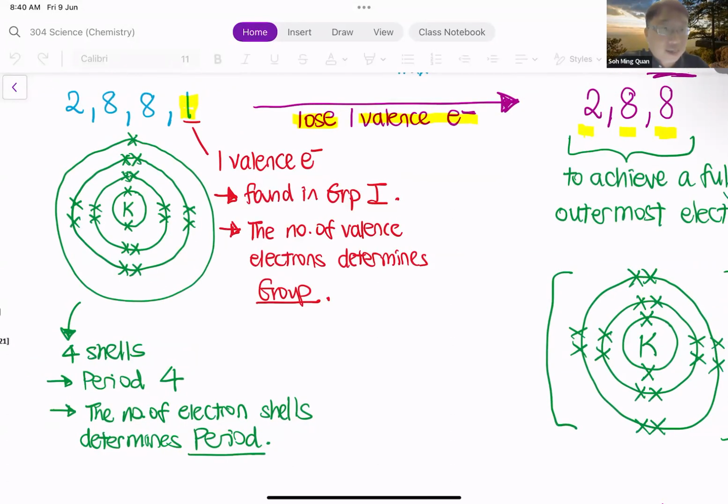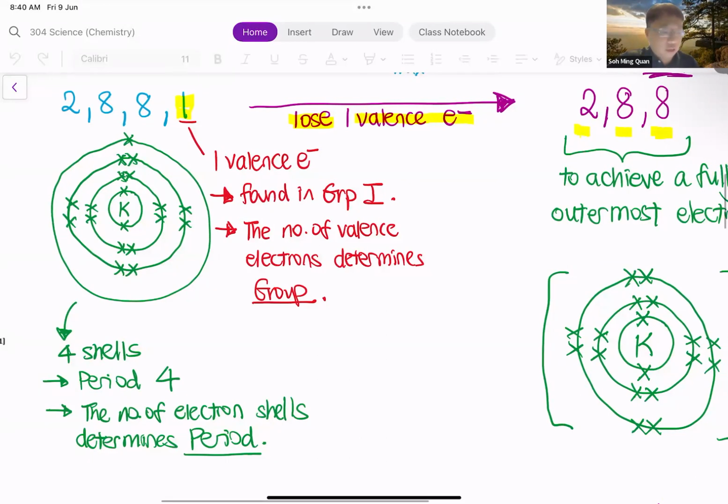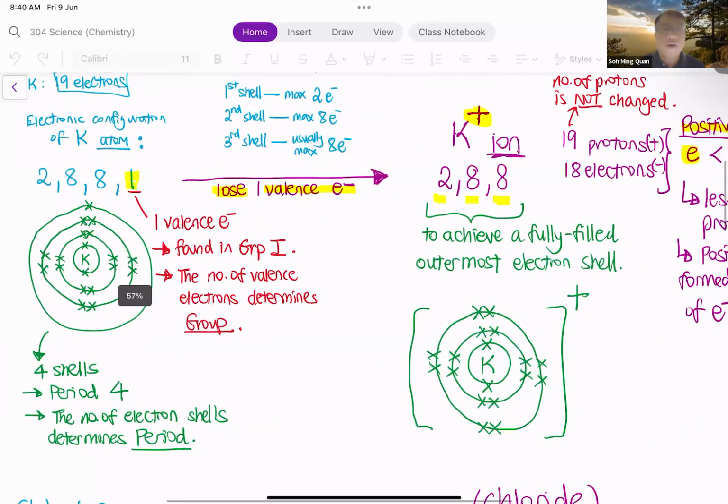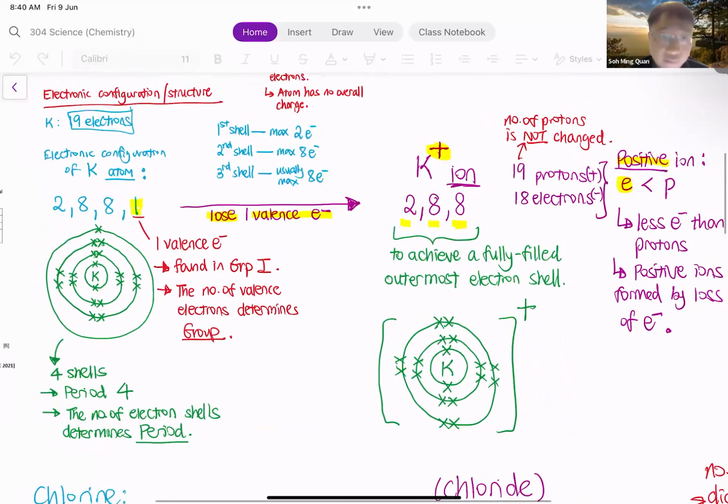Now, this is not a stable atom. It's going to be reactive. How do we know that? We know that it's going to be reactive because it doesn't have a fully filled outermost electron shell. It only has 1 valence electron, therefore it will lose 1 valence electron to form the potassium ion. Okay, so we went through ions last lesson.